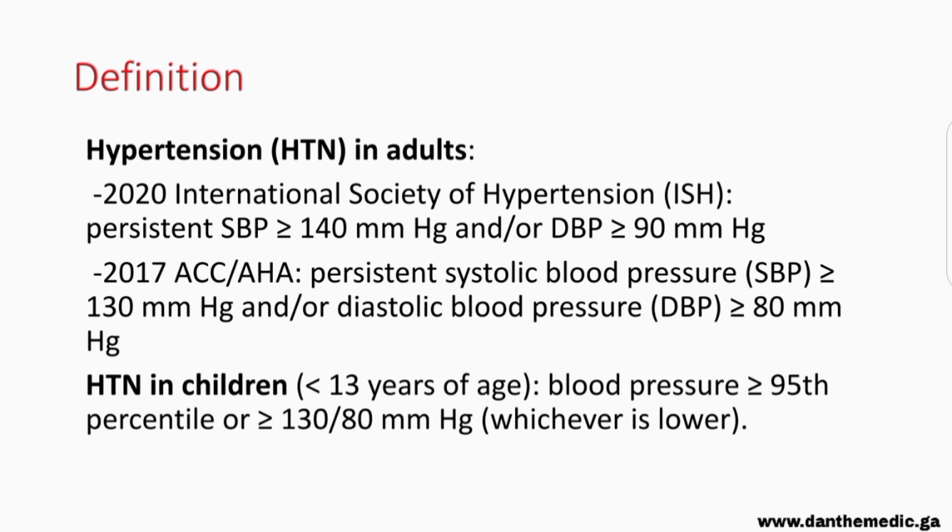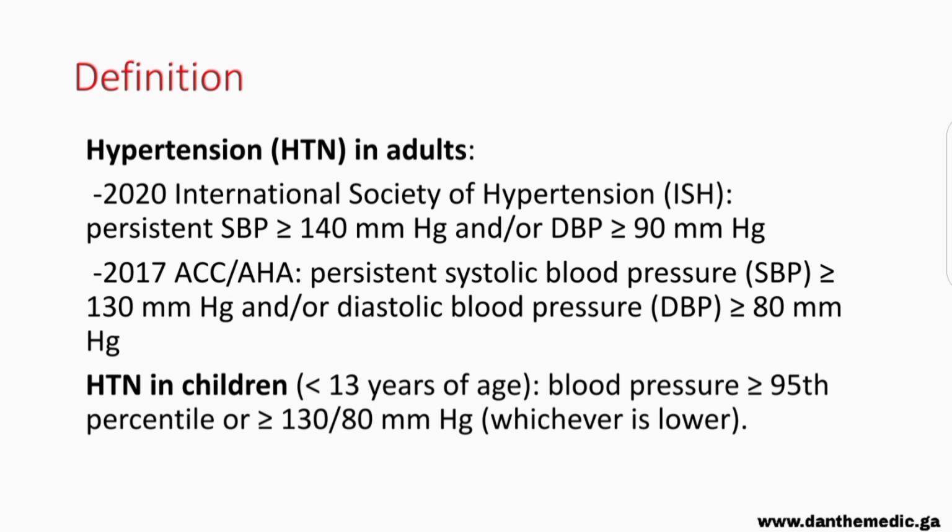It's important to point out that this particular classification is still used in the US, and that is why in the US almost 1 in every 2 individuals have hypertension. It's because there's a lower threshold for measuring hypertension.